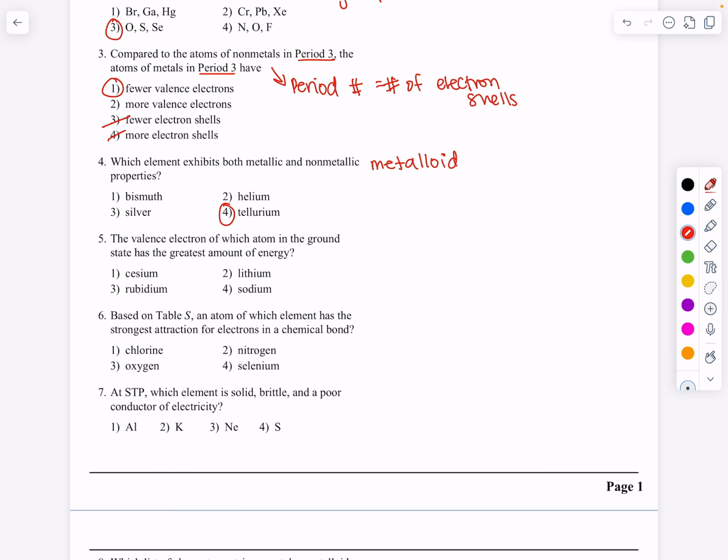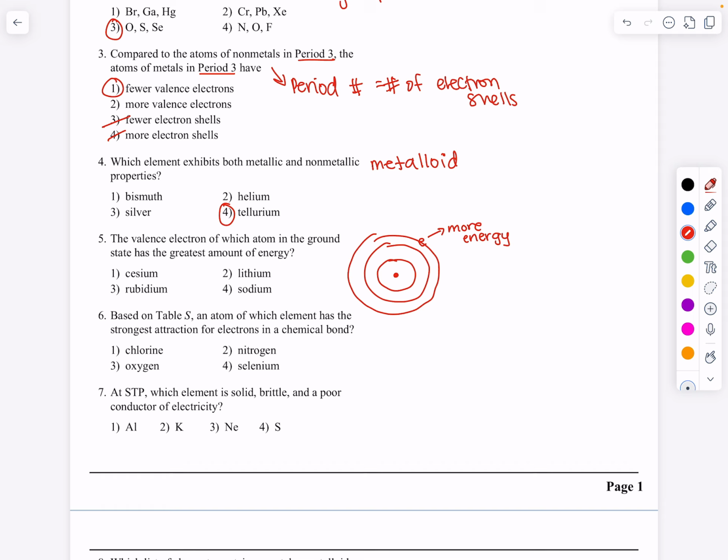The valence electron of which atom in the ground state has the greatest amount of energy? This is a harder question. So remember, we're going back to this picture. If this little dot is our nucleus and these are our electron shells, the nucleus is pulling all the electrons in. Electrons that are in a higher shell have more energy because they're further away from the nucleus.